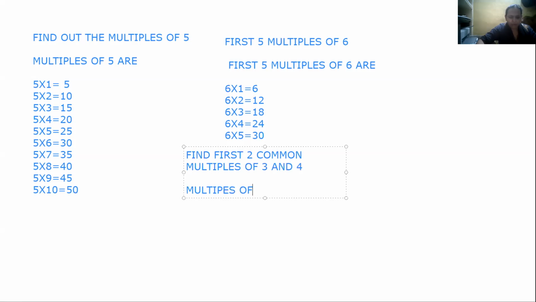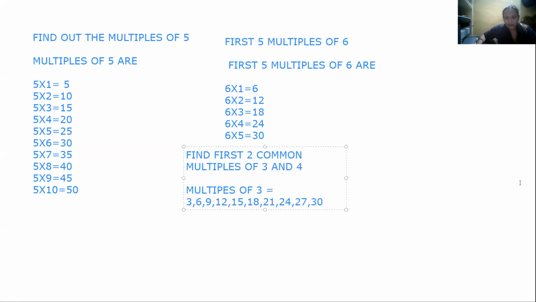Multiples of 3 are, read the table of 3: 3, 6, 9, 12, 15, 18, 21, 24, 27, and 30.